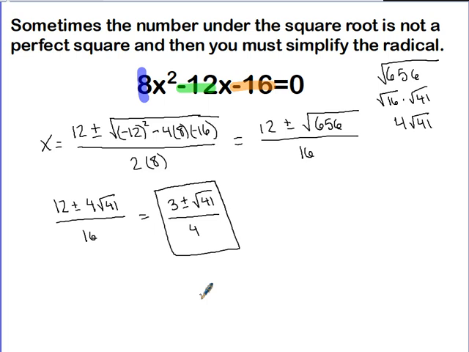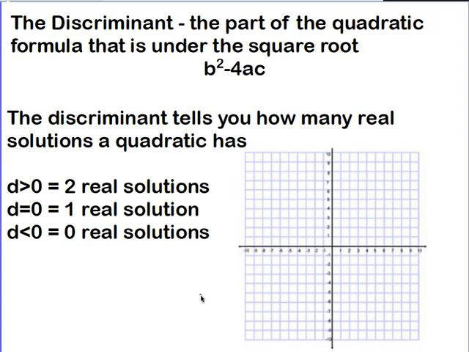Okay. All right, there is a piece of the quadratic formula that is special. It is called the discriminant. It is just that little part that's under the square root, b squared minus 4ac. And the discriminant tells you how many solutions a quadratic has.